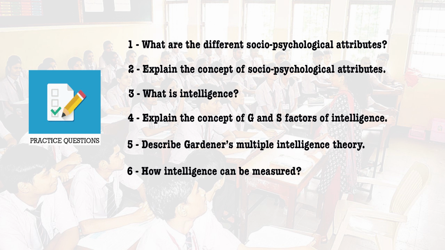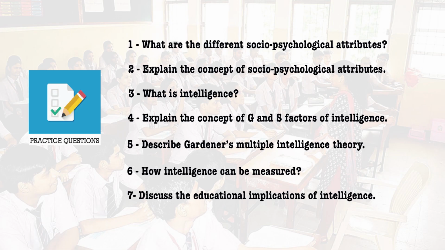What formula can we use? I am just repeating it: IQ is MA by CA into 100. And further discuss the educational implications of intelligence. So, how can we establish a discussion to understand the educational implications of intelligence as a socio-psychological attribute.